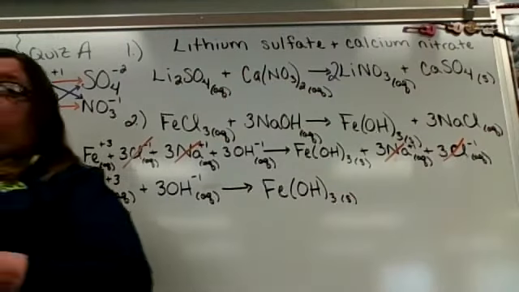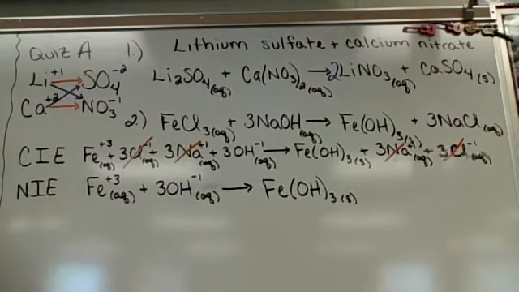Now, one thing that you have to realize is that matter is conserved. You have the same number of atoms on one side as you do the other side because we have carried our balancing through the complete ionic equation. If you don't have it balanced, then it's wrong.